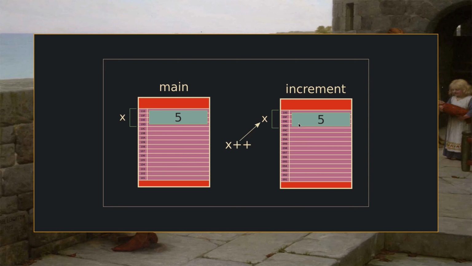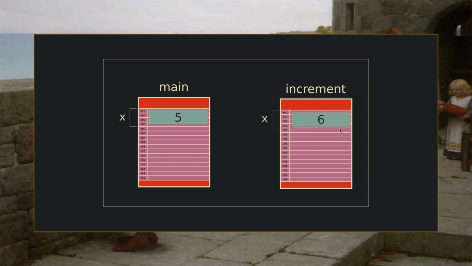When I actually go to do an increment, what this does is it goes to this variable, finds the object associated, the 5, for example, and increases it by 1. So as you would expect, it's going to take this 5 and increase it by 1 to make it into a 6.